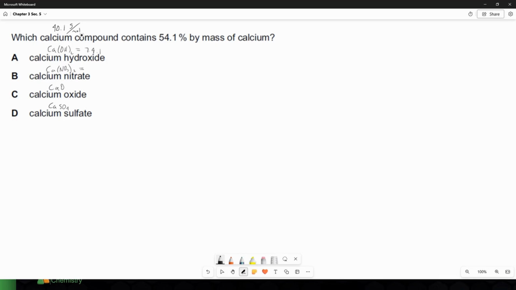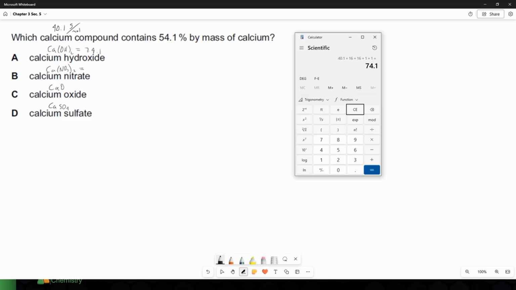Calcium nitrate. Molar mass of calcium nitrate is going to be based on, again, we have calcium, which is 40.1, plus nitrogen. Molar mass of nitrogen is 14, and because of that subscript, there are 2 nitrogens in here. Plus the molar mass of oxygen, which is 16, times the number of oxygens, which in this case is 6.